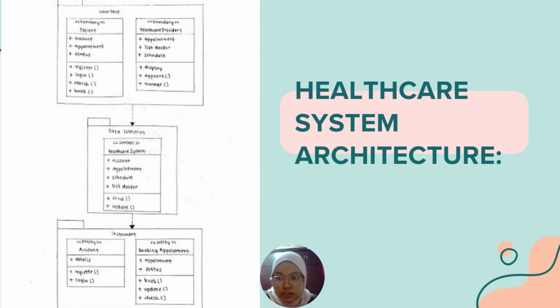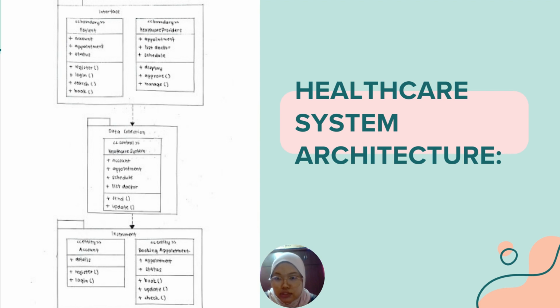This is the architecture design for this system. The package is divided into three parts: the interface, data collection, and instrument. The data is seen with the class diagram before this.